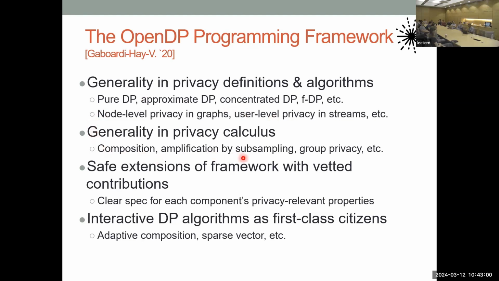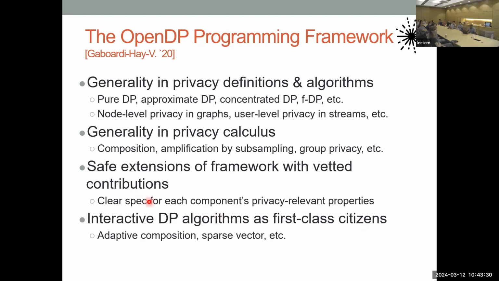Generality in the other ways we reason about privacy, like composition that I talked about earlier, but there are a number of other tools there. To Sasha's question, it's important that the framework and the implementation provide a clear specification of the privacy-relevant properties of every component, so that we know what we're writing a proof of when we attach proofs to the code.